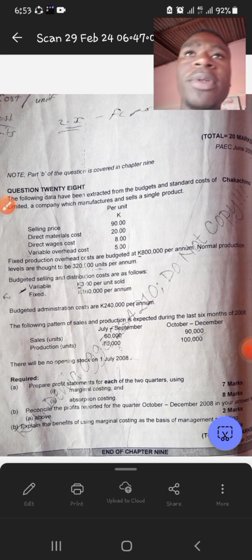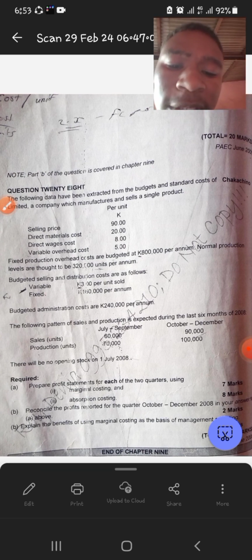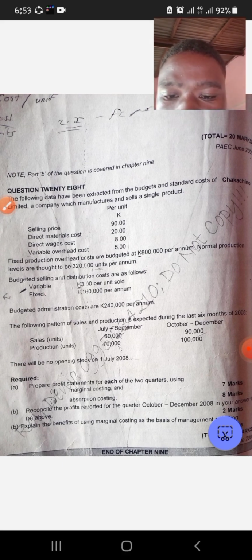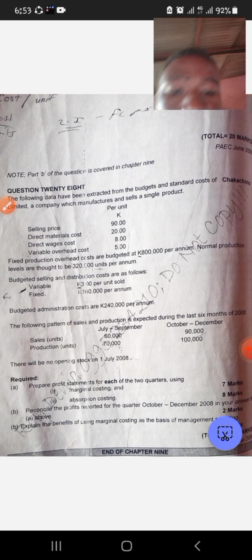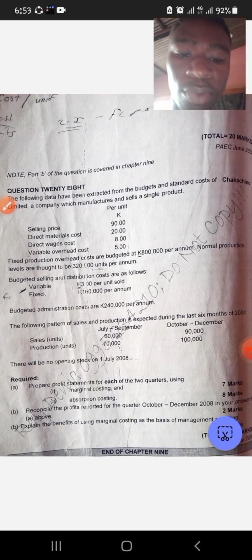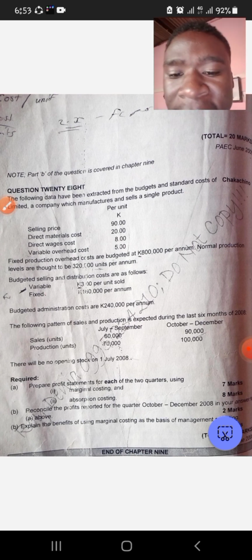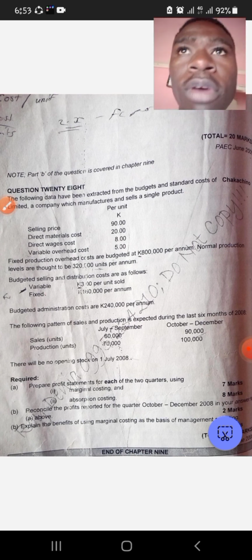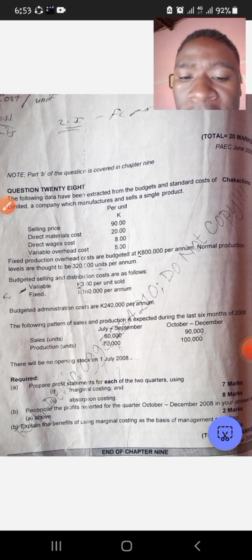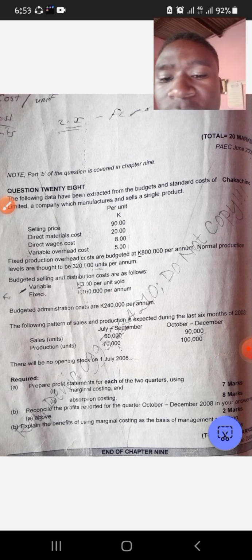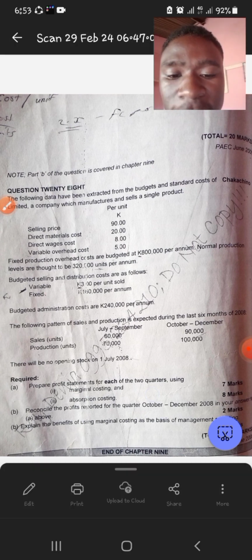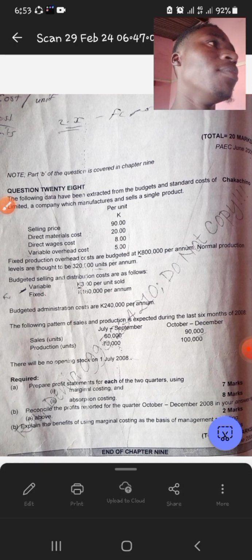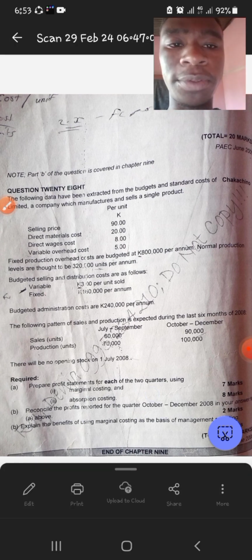Production units: 70,000 from July to September, and 100,000 from October to December. They have told us that there will not be any opening inventory. Required: prepare the profit statement for each of the 2 quarters using marginal and absorption costing.